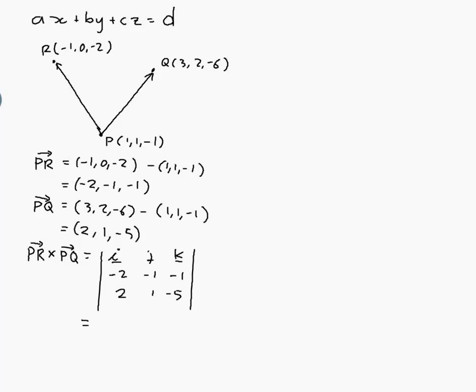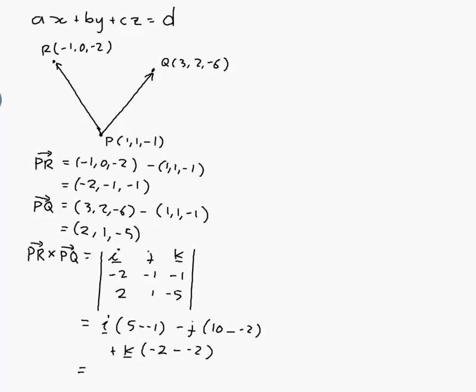So that would be i times (-1)(-5) is 5, minus (1)(-1) is minus 1, minus j times (-2)(-5) is 10, minus (-2)(-1), which is minus 2, plus k times (-2)(1) is minus 2, minus (-2)(-1) is minus 2.